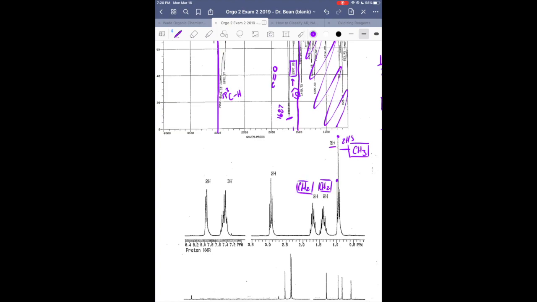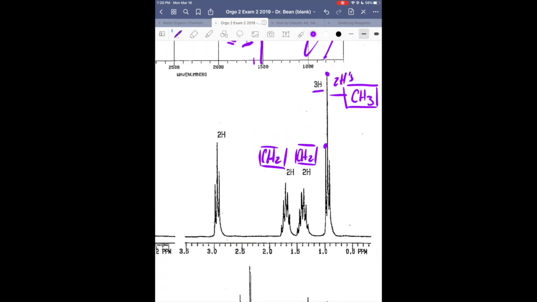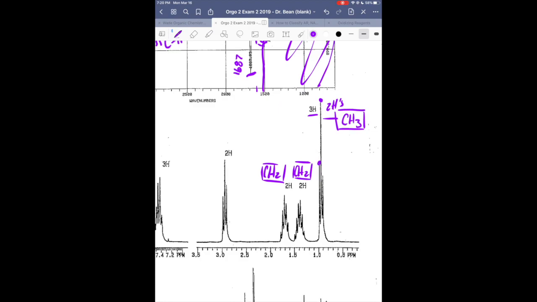So we have a CH2, another CH2. Look at how similar their splits look to be. And they have so many splits that there's some overlap here, right? So whenever you see this pattern, this is distinctive of having a chain, like a CH2, CH2 chain, because you have all this complex splitting from either side.